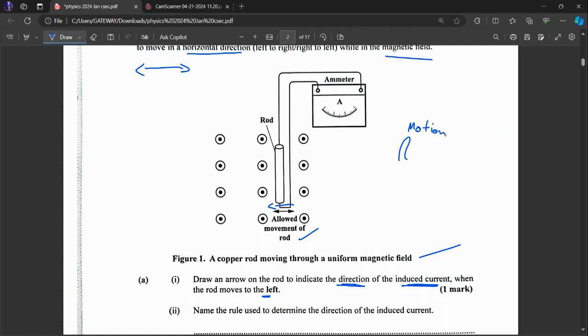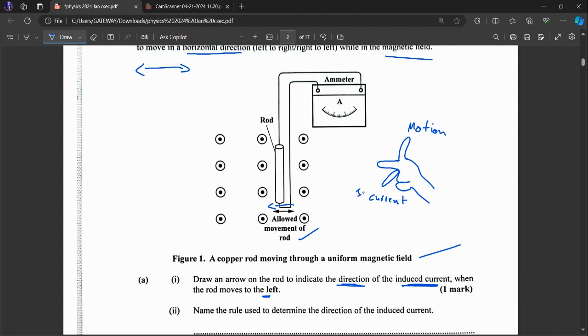I don't know if I can draw this properly, but this is at a 90-degree angle, and this is the other finger, and the rest just curl up. That looks kind of weird, but anyway, that is Fleming's right-hand rule. So this will be the current, more specifically, the induced current.